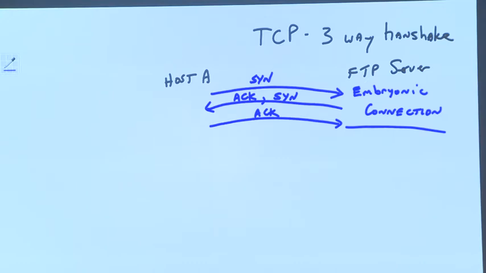As we can hold 700 connections, if connection number 1 comes in and it doesn't complete the three-way handshake when 701 comes in, what happens to number 1? They get bumped out. Where do they go? To the very back of the line, they get to start over again.